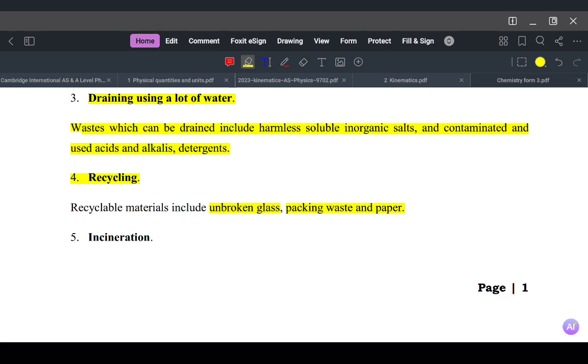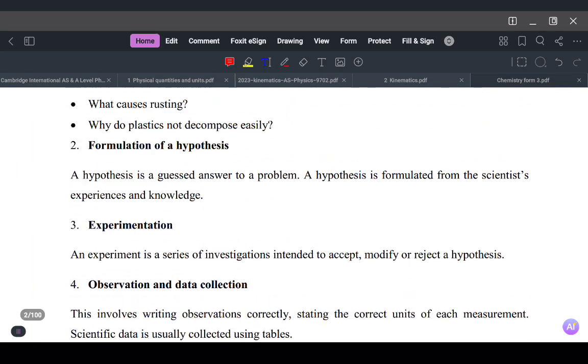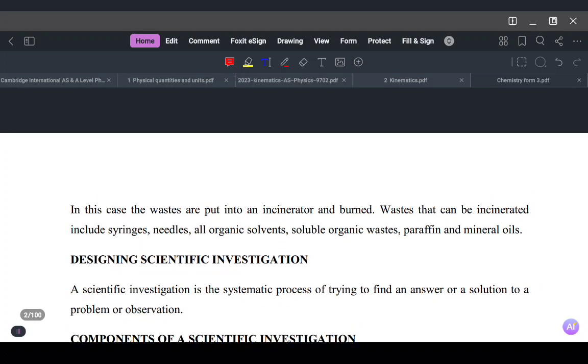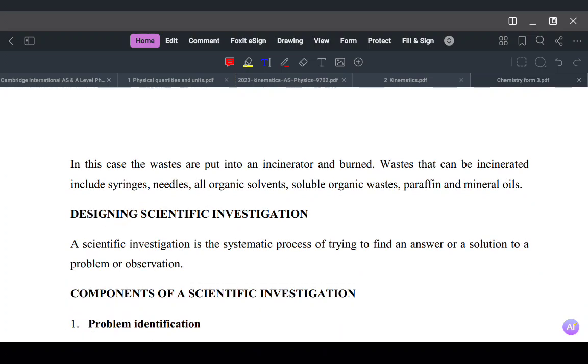All right. Last but not least, we have a method which is called incineration as a technique for disposing waste. So incineration is simply a technique which is used to dispose waste by burning them. Incinerate simply means to be burnt.